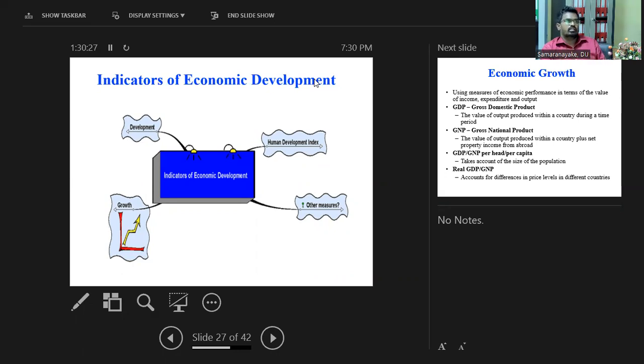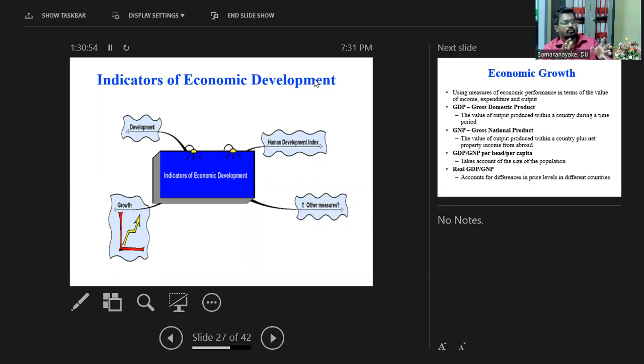Here we got growth. You can see down left, we have growth as an indicator. It means economic growth. And upright, you have the human development index, which we'll discuss as an indicator. And then we have development as an indicator, which is more holistic and normative when it's called just development.